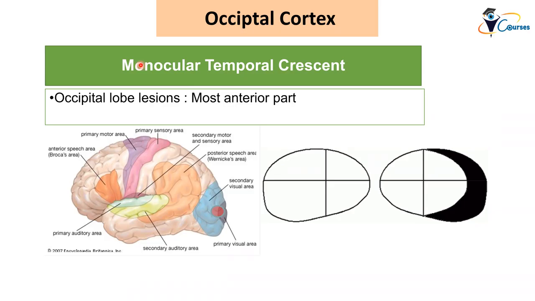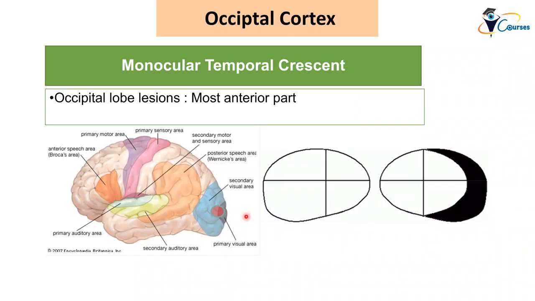When you see a neurological patient with bilateral visual field defects, you expect that the lesion is retrochiasmal, except if the patient has monocular temporal crescent. In this case, it will be a unilateral lesion. However, it will be retrochiasmal.